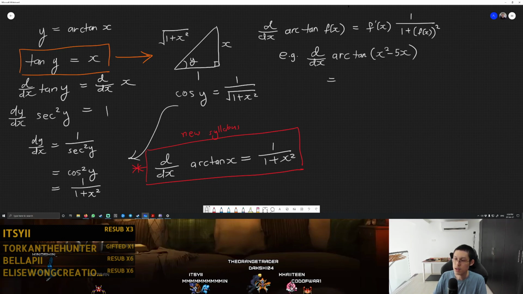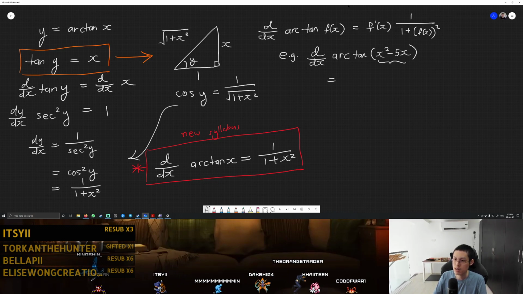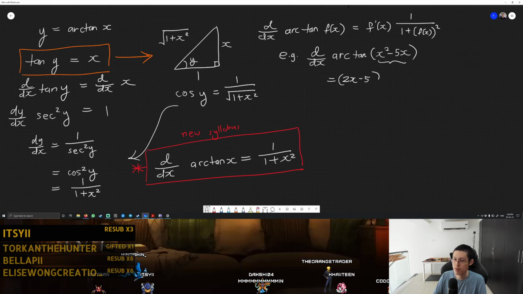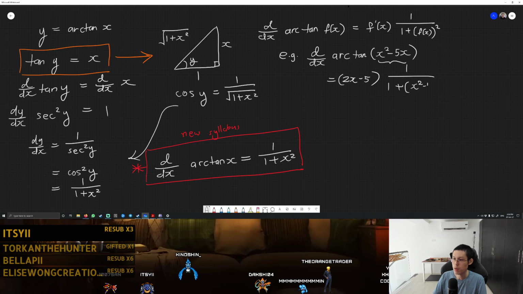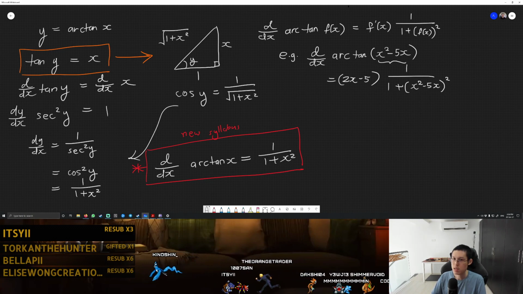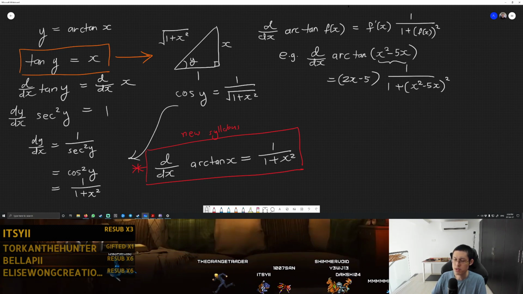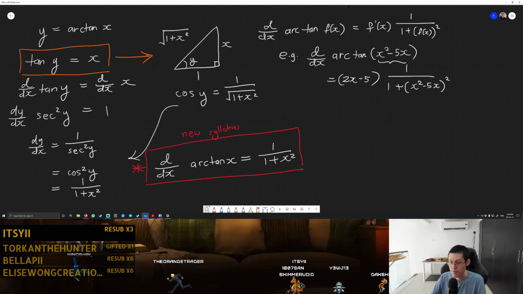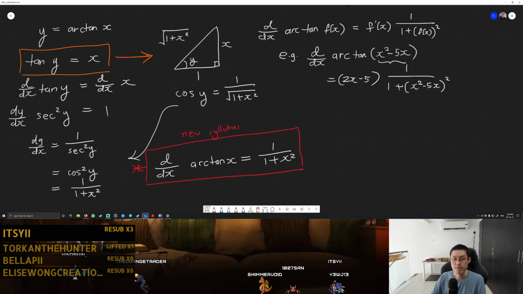What you're going to do is start by differentiating this inner part, which will give you 2x minus 5, and you get 1 over 1 plus (x squared minus 5x) squared. And done. There's actually a bit more to it than that, but we'll save that for integration. Okay, that's it.